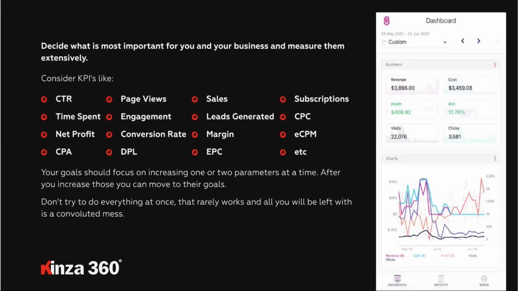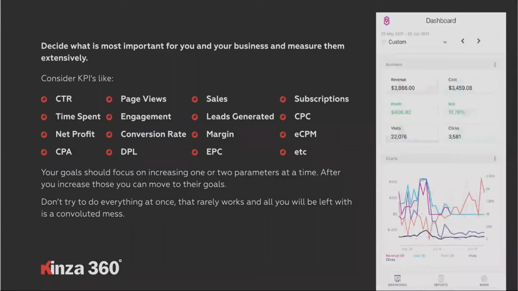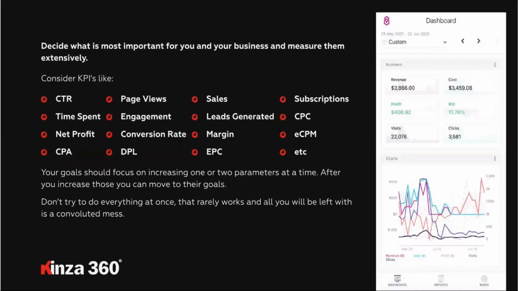I said this, and it was important for me to really put a lot of the KPIs up here for you because I have seen it all the time. Brilliant affiliates with good offers, good content, they'll come in and try to focus on everything from day one. The EPCs, the conversion rate, the engagement. And instead of picking one or two parameters, they want everything to be right from day one.